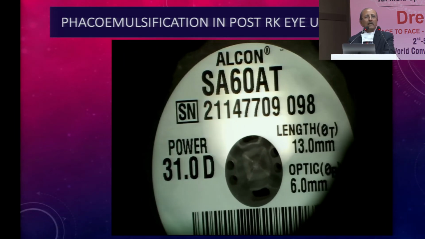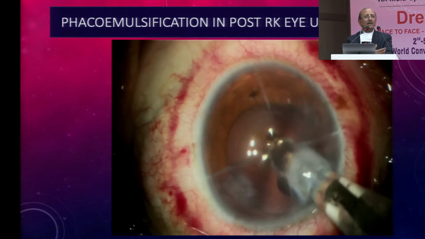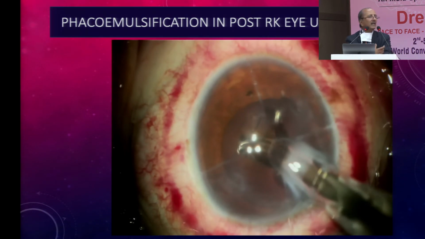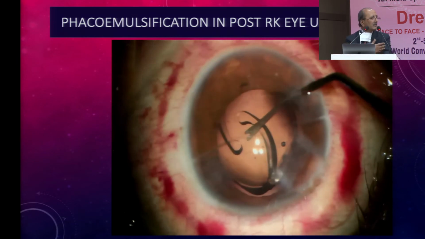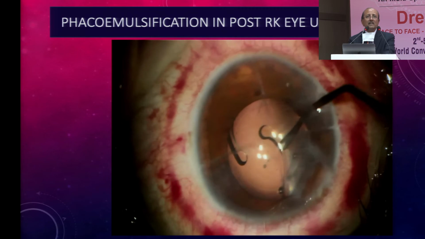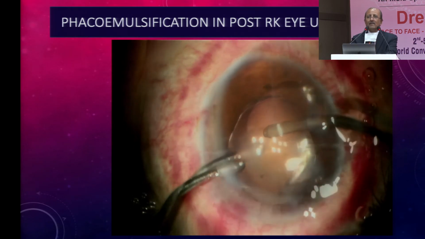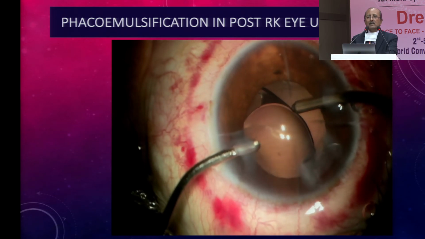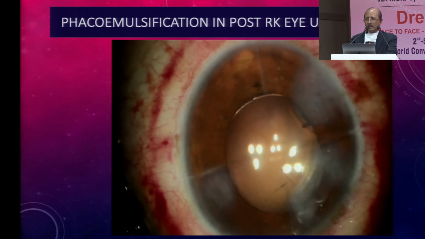But routinely using the other formula, the patient may become hypermetropic. There will be a residual plus lens. So while not using this technique, you have to add some +1 or 1.5, but in this it was not added, and it was found to be significantly accurate.